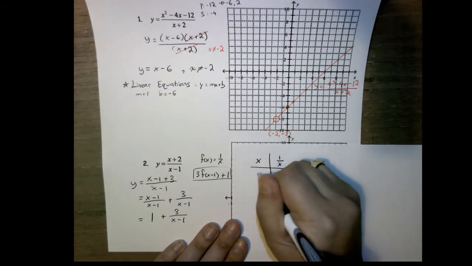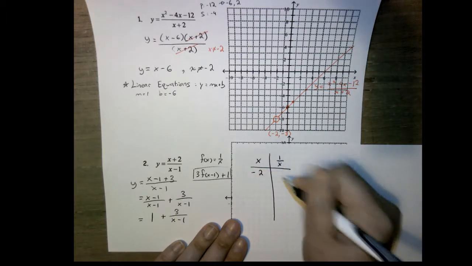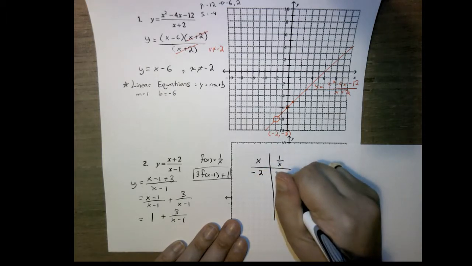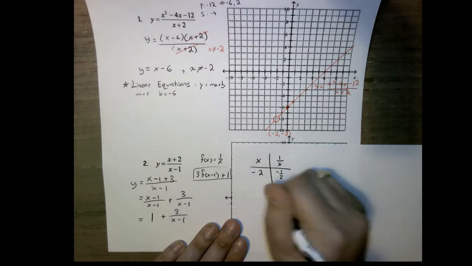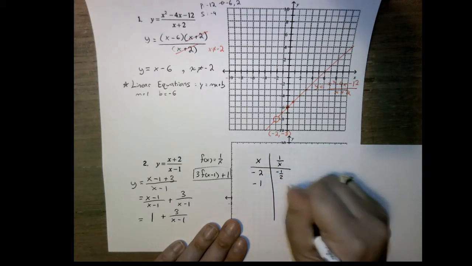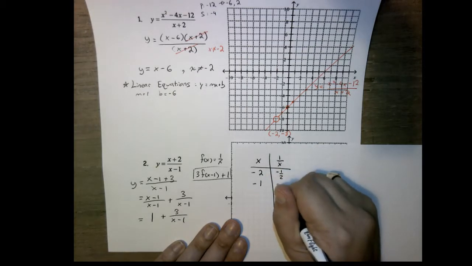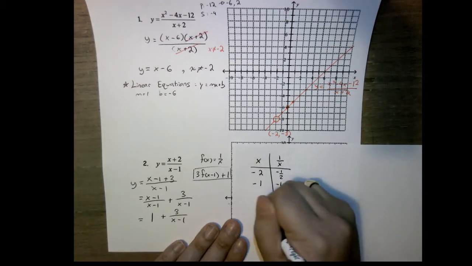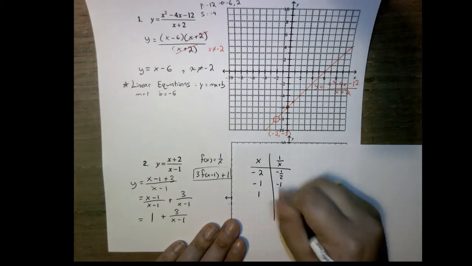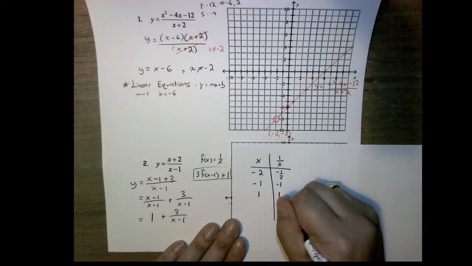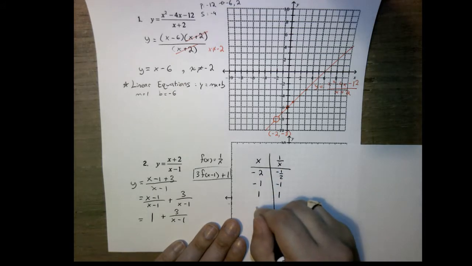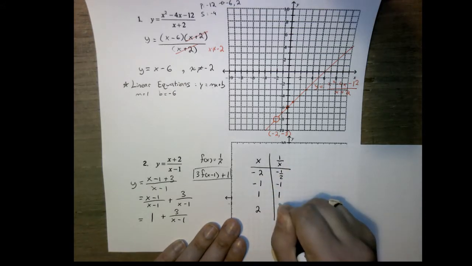When x is negative 2, 1 over x is going to be negative 1/2. When x is negative 1, 1 over x is going to be negative 1. When x is 1, 1 over x is still going to be just 1. And when x is 2, 1 over x is going to be 1 over 2.